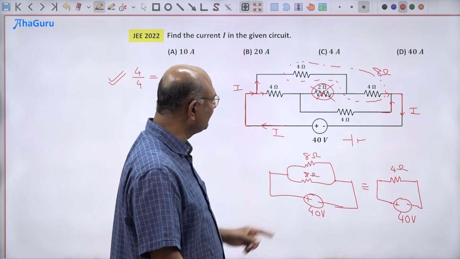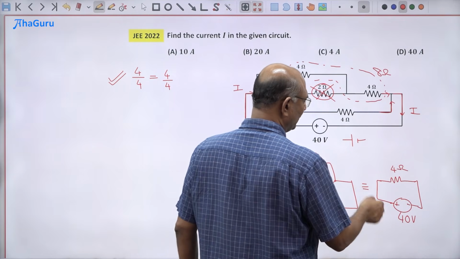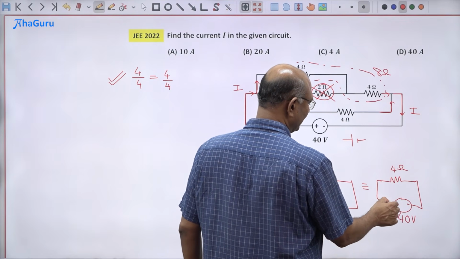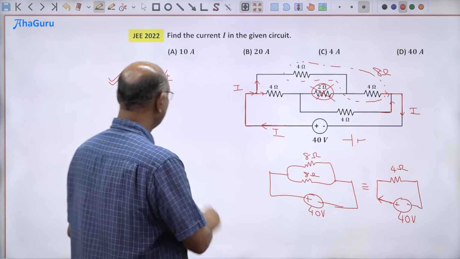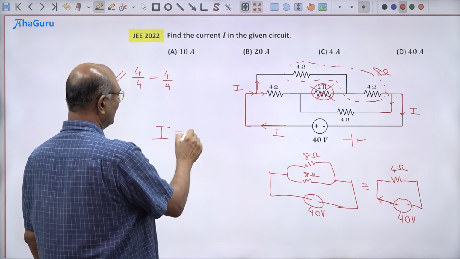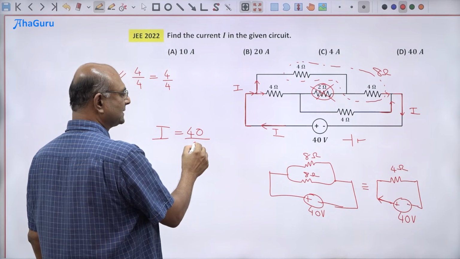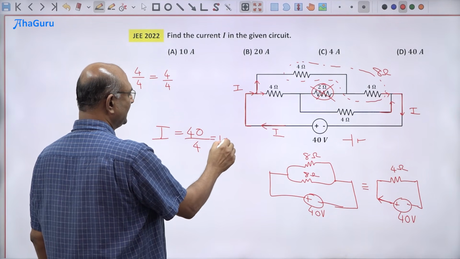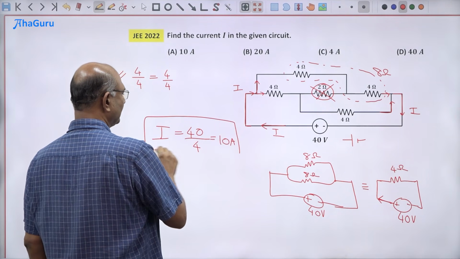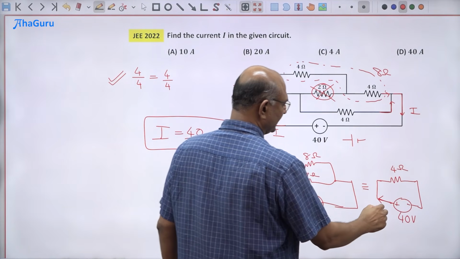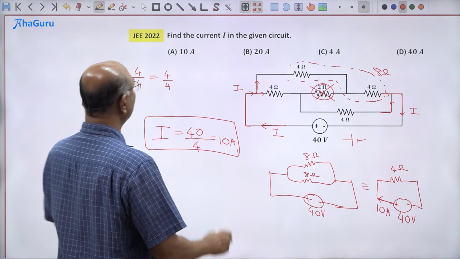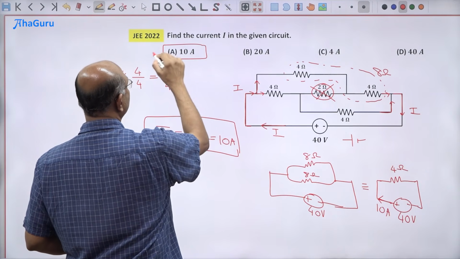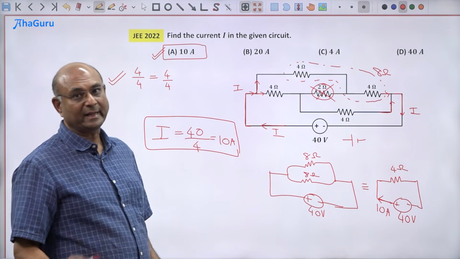This is a different symbol for a battery. So 40 volts, 4 ohms, so this current must be 40 divided by 4. So what should be I? 40 divided by the resistance 4, which is 10 amperes. So this current is 10 amperes. So what is the current in the circuit? Answer is option A, 10 amperes.